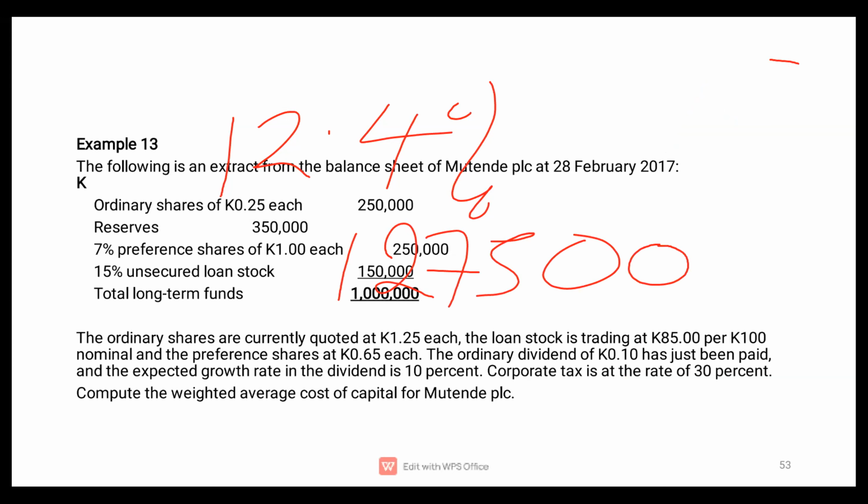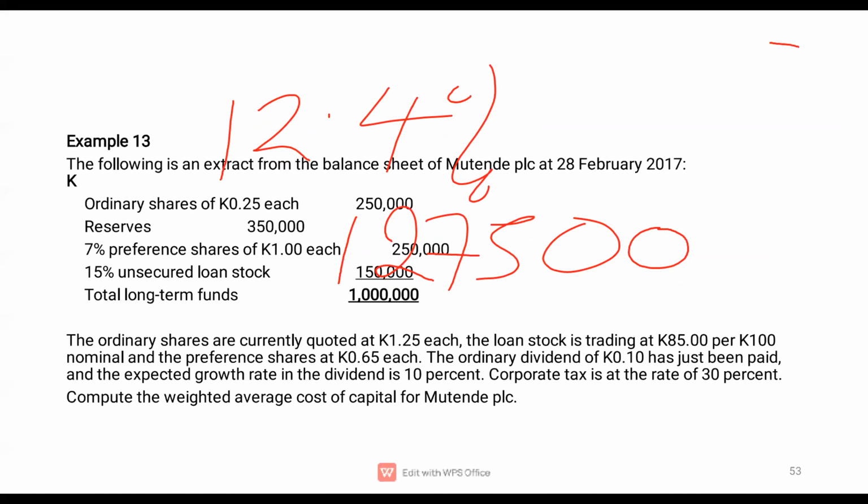It's 150, 150,000 times 0.85. It's 127,500. That's the market value of the loan or the debt.